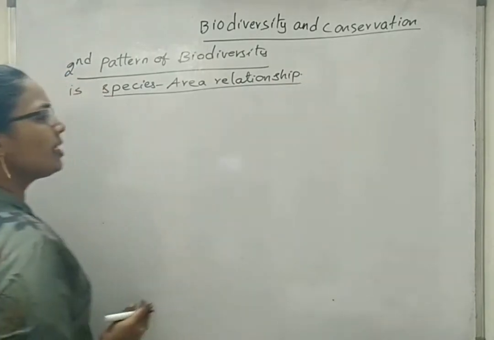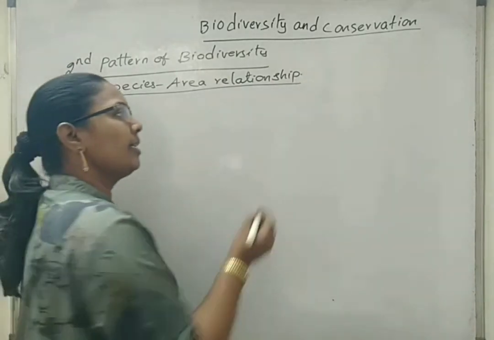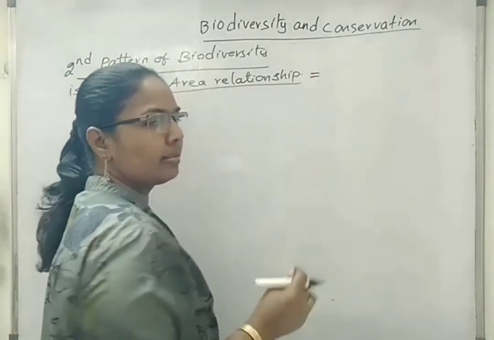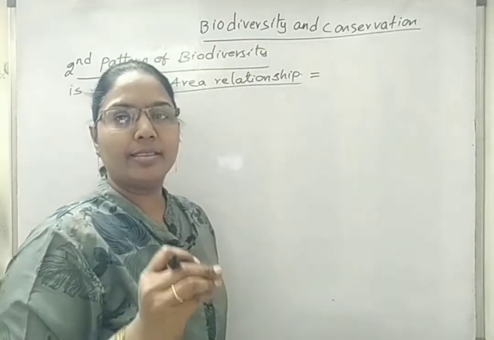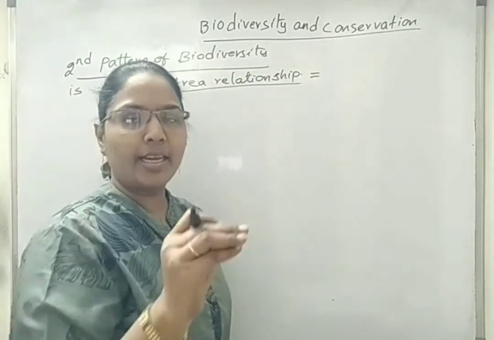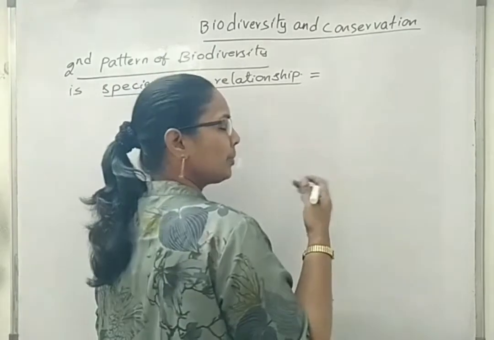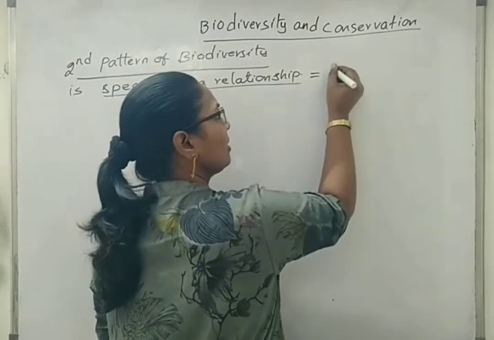What is meant by species area relationship? It is the relationship between plants and also animals with that of the specific area that they are living in, or specific area of land.